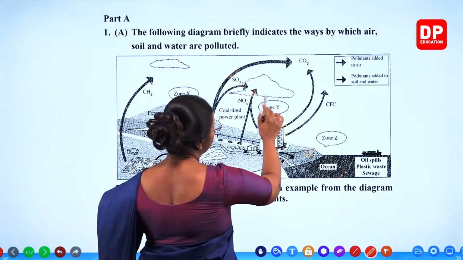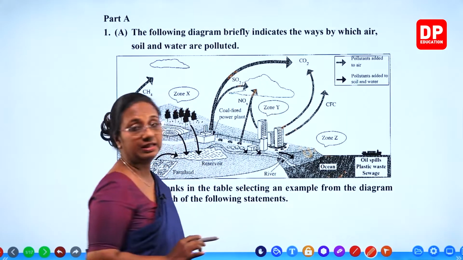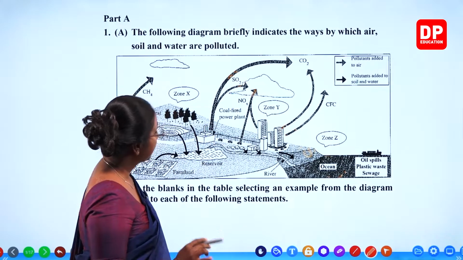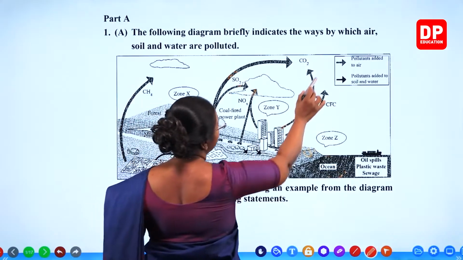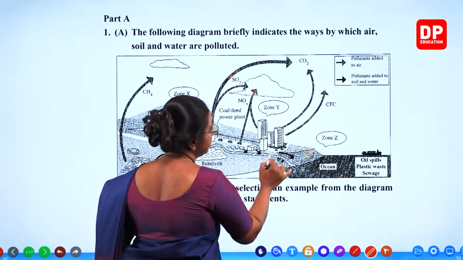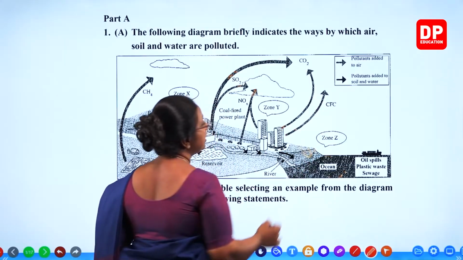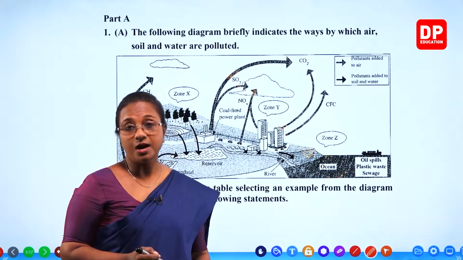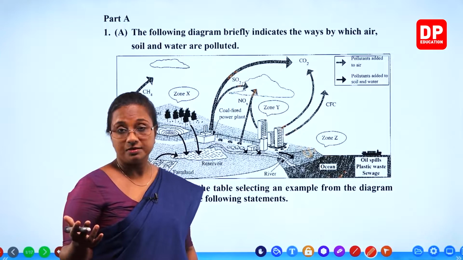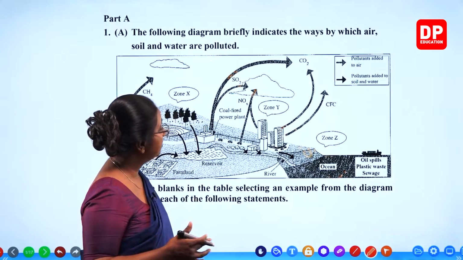Above that, they have marked the atmosphere as zone Y. At the same time, there is another arrow giving CO2 from the city area and also CFC, chlorofluorocarbon, released from different equipment and other methods.